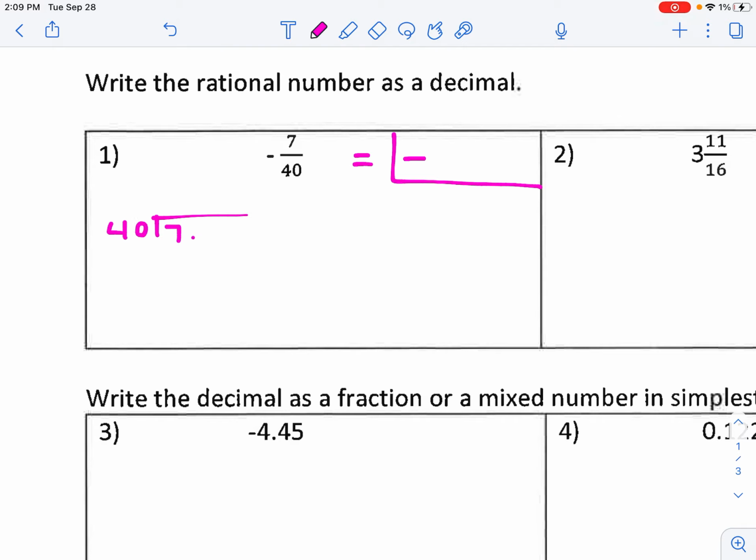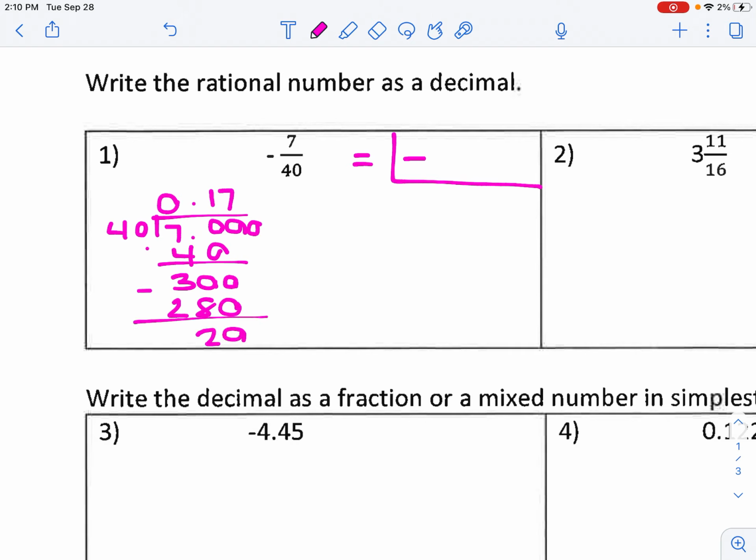And then we add our decimal and our 3 zeros. So 40 cannot go into 7. 40 goes into 70 once. 70 minus 40 is 30, and drop your next zero. 40 into 300, or 4 into 30, goes 7 times. 40 times 7 is 280.